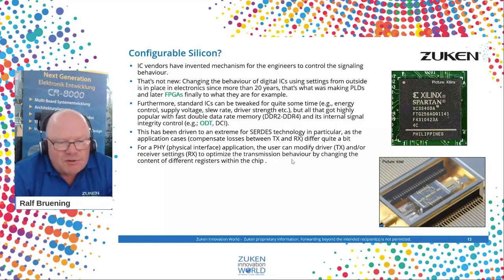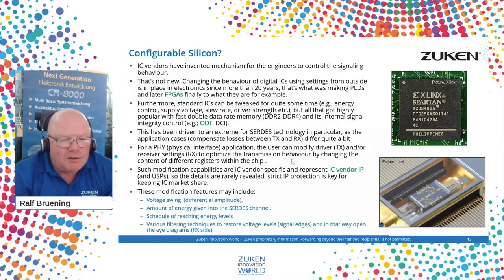So the PHY, which is the physical interface, can be modified by the user to address the requirements and to optimize the transmission behavior. The problem is, how do I have to set these knobs? So what are the proper settings to achieve the eye opening, which is defined by USB 4.0 or by PCI Express or by SATA?